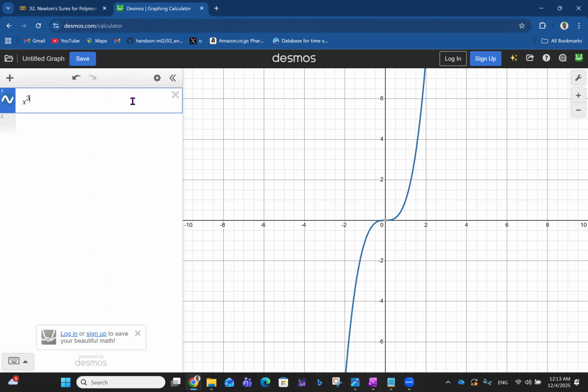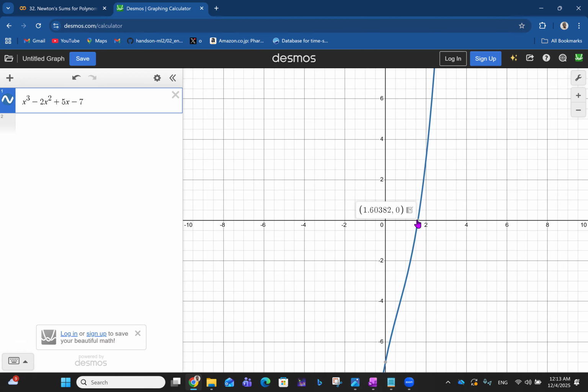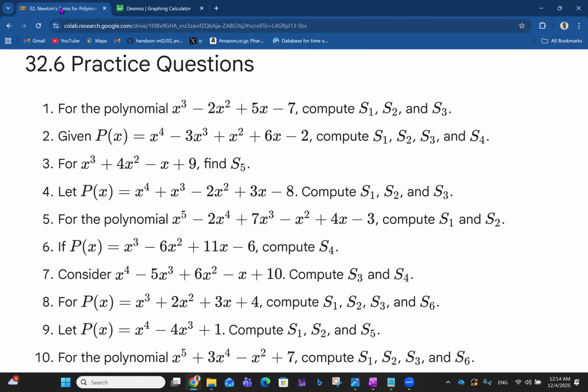So I have x raised to power 3 minus 2x raised to power 2 plus 5x minus 7. Oh, okay, not all. Only one root is available, and the others are possibly complex. But it doesn't mean that you cannot do whatever you have to do with it.